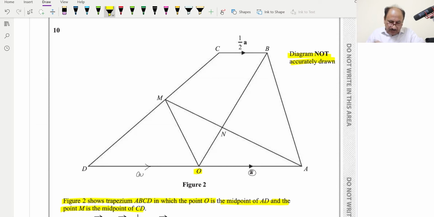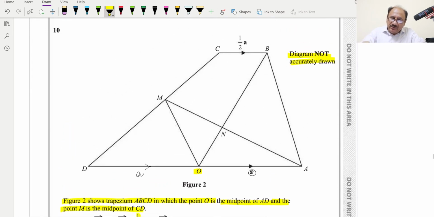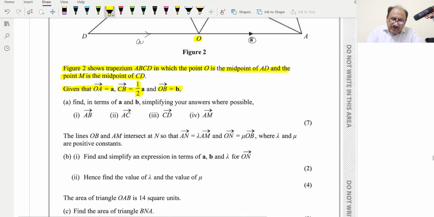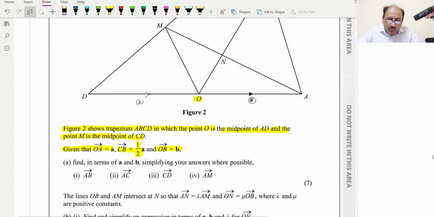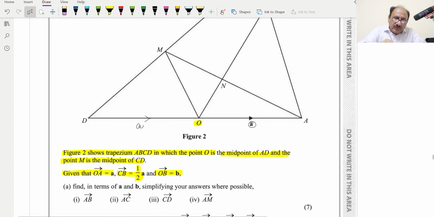Okay, and what else? Given that OA is equal to A, CB is equal to 1 by 2A, and OB is equal to B. So OB we can mention over here, OB is equal to B.